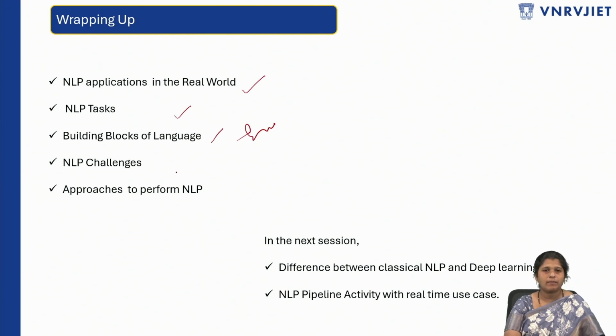Today we also discussed NLP challenges, where ambiguity stands as one of the issues, with uncertainty in the usage of words, vocabulary, language, semantics and all. And we have seen the basic approaches: the heuristic approach, machine learning approach, and deep learning. In the next session, we will see the differences between classical NLP and deep learning, and also how the NLP pipeline activities are addressed with some real-time use cases.